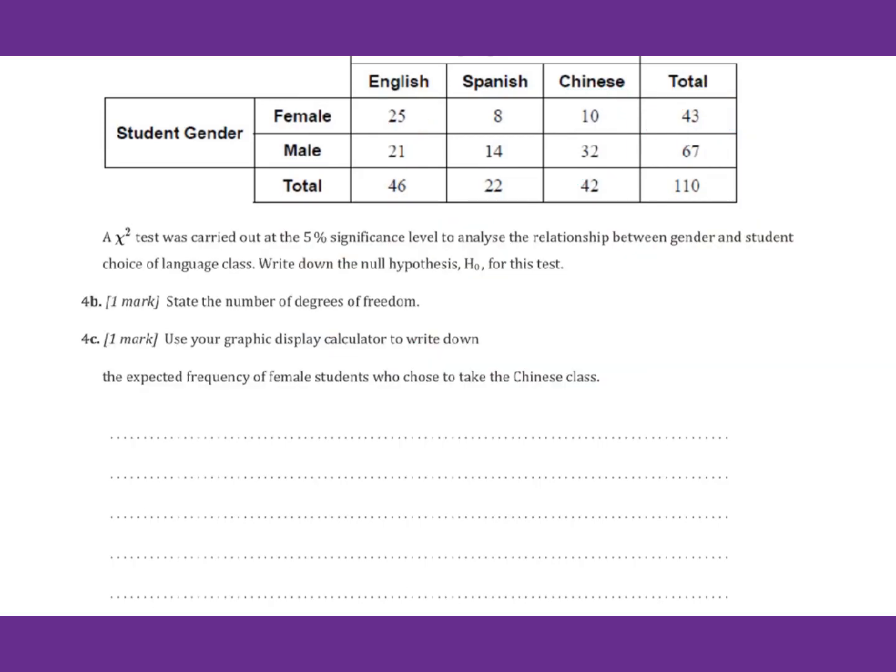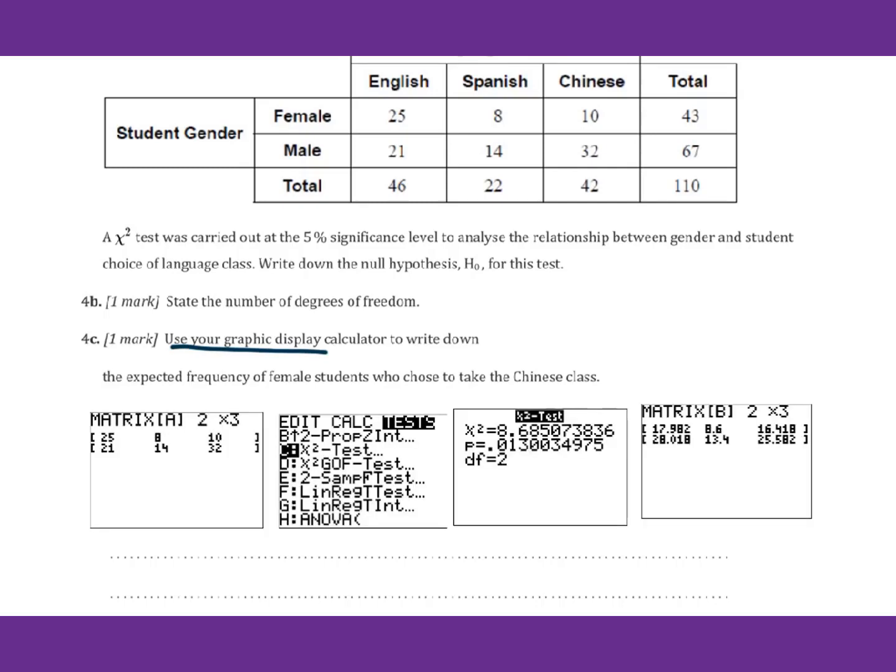But for 4C, they ask you to use a graphing calculator. Here's the way how to do that. You put this number into a matrix. Then go to math, find the tests. That's the chi-square test. Press enter.